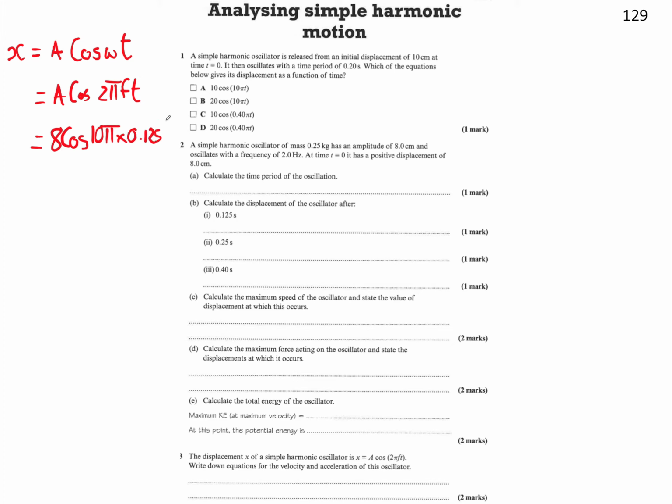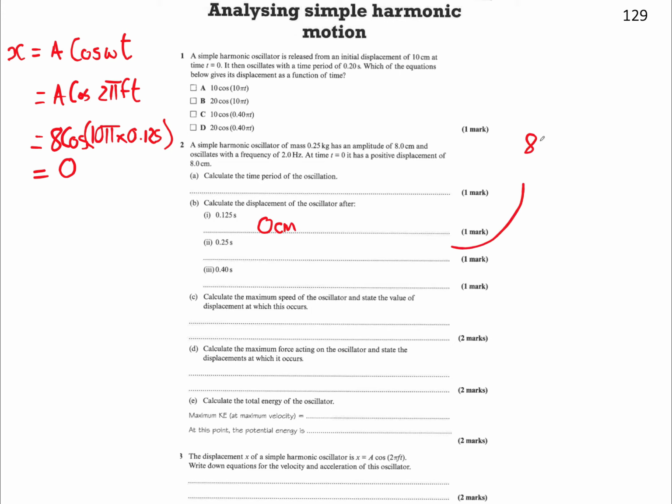Now, you need to make sure that you've got this in radians. If we're going to be using pi here, it needs to be measured in radians. So when you plug in all the values, you'll find that the displacement is actually 0 centimeters. So that is 0 centimeters goes in there. If we look at this one here, again, exactly the same technique.